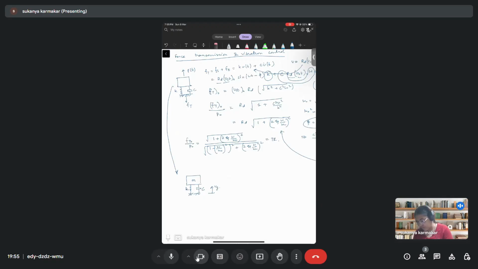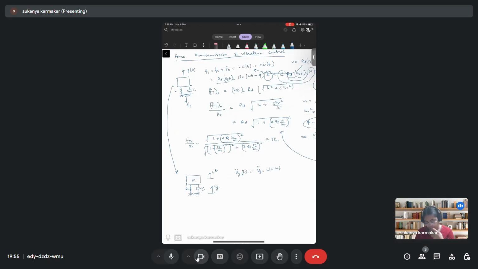Suppose this is UG, and let this be U total, and let the ground acceleration be of the format UG double dot sine of omega t.